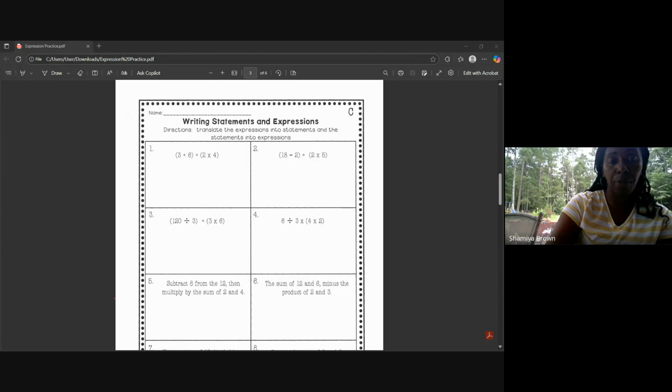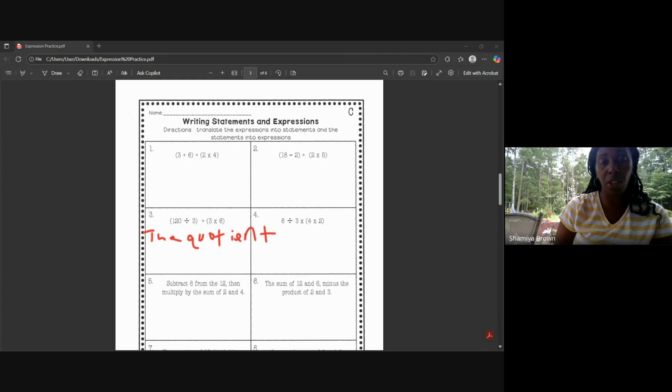So I could write the quotient, because quotient means I'm dividing. The quotient is the answer I get to a division problem.